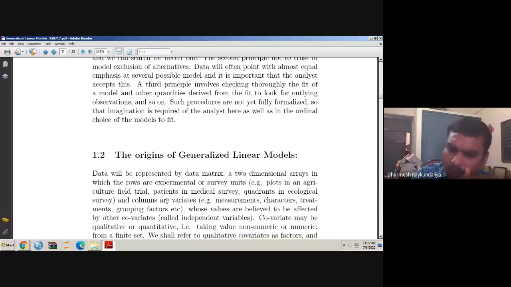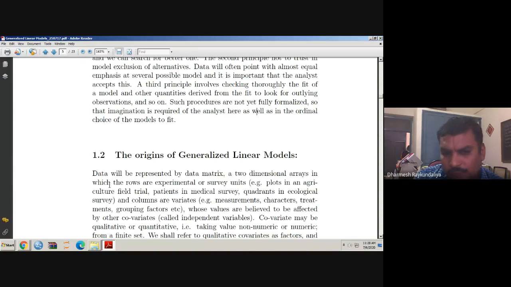If you do an agriculture experiment, you have information on different plots. So the rows are said to be cases and columns are considered to be variables. In a data matrix, rows are considered to be cases and columns are considered to be information on those cases.